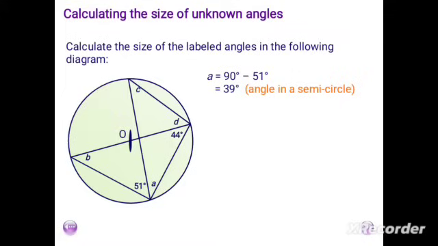So to find angle A, it will take 90 degrees minus 51 degrees, and that will be 39 degrees. The reason remains to be angles in a semicircle is equal to 90 degrees.